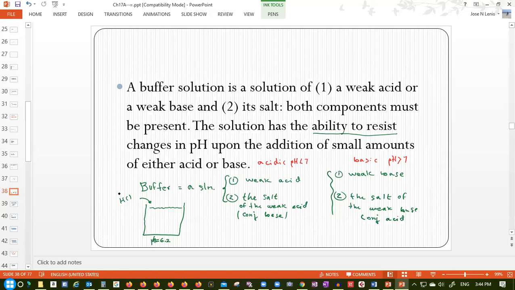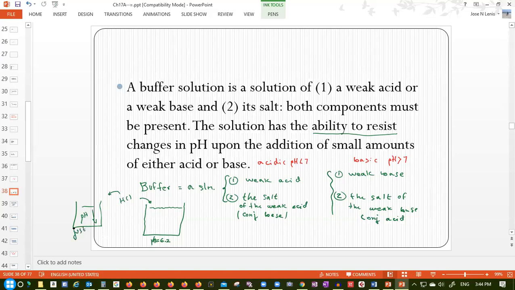If you add small amounts of strong acid in just pure water, no buffer, the pH is going to go dramatically down. From 7, depending on the amount, it's going to go at least to pH 2. That will kill bacteria that are not adapted to the pH. That's in pure water.